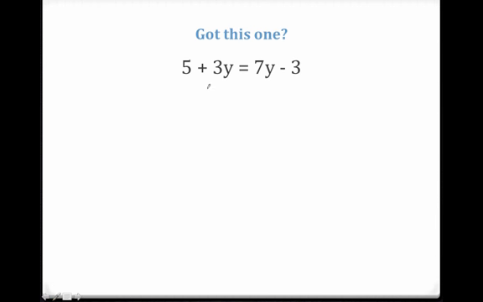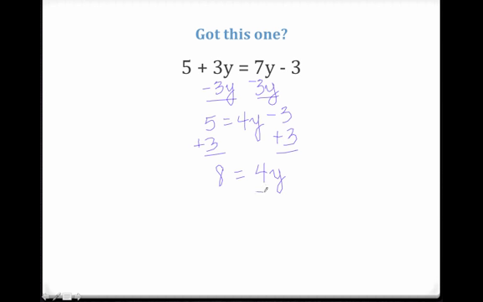Okay, I'm going to subtract the 3y this time so that I get 5 equals 4y minus 3. I'm not saying a lot because I assume you've already done this by yourself after you paused.